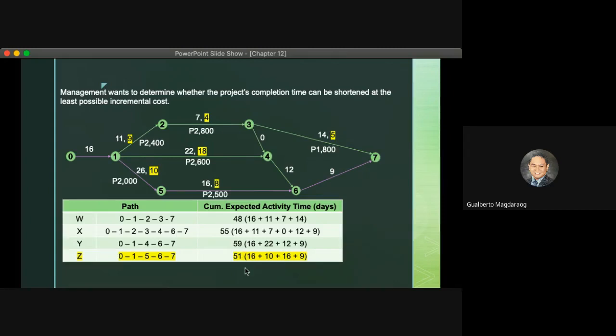Okay, so doing that, the original cost of 316,000 will increase because of the additional cost we will incur for saving the number of days, and that is 2,000 times 16 days.